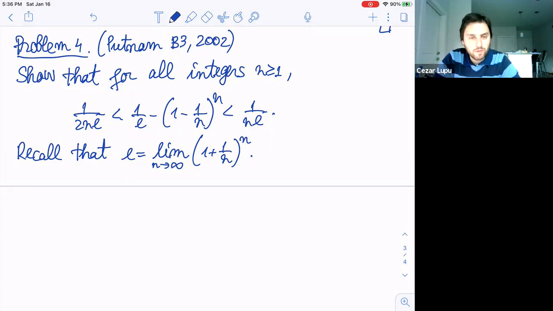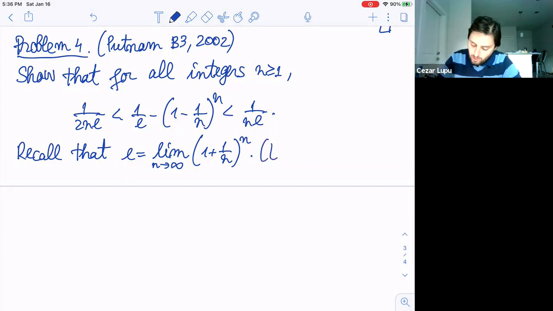So how should we prove this kind of problem? Well, maybe you can use some ideas regarding the proof of the monotonicity of this Euler sequence.